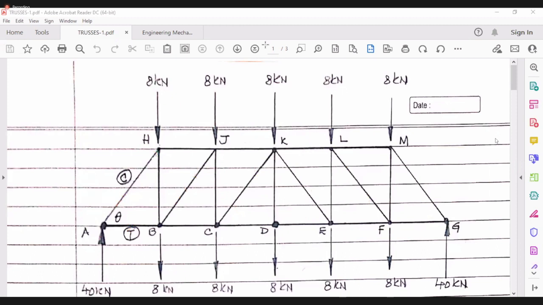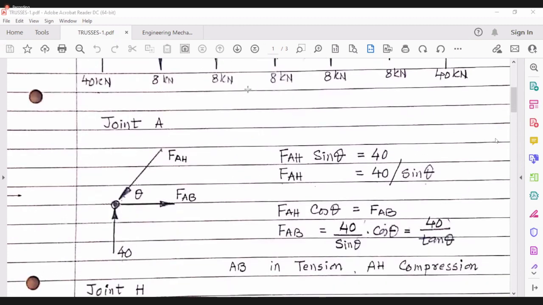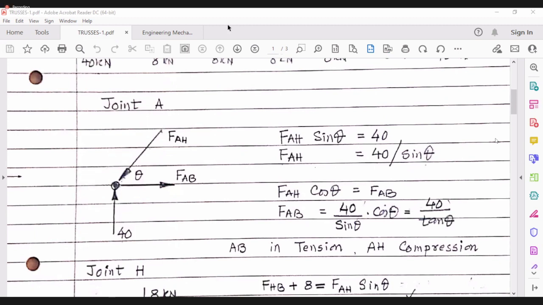So what I have done at the point A. Now I want you to understand that this is a point A and the support reaction is acting upward. Here there is an element AB and here there is an element AH and here there is an angle theta.